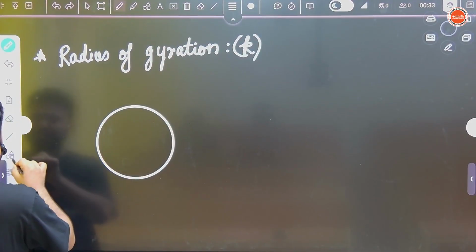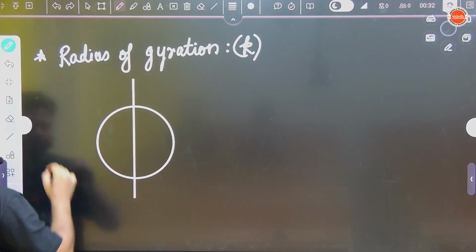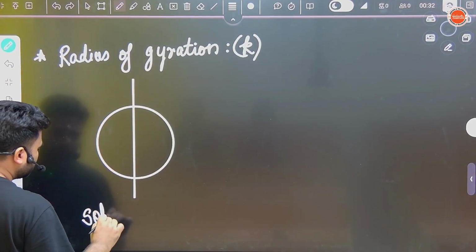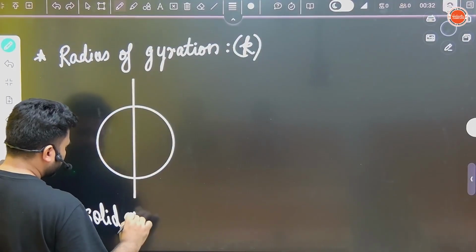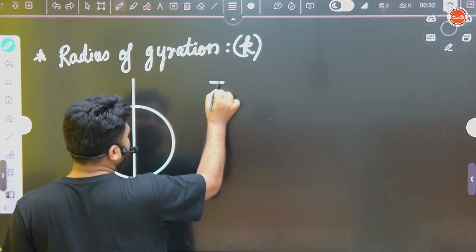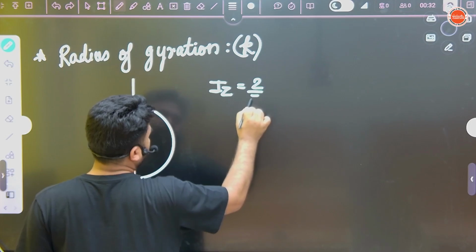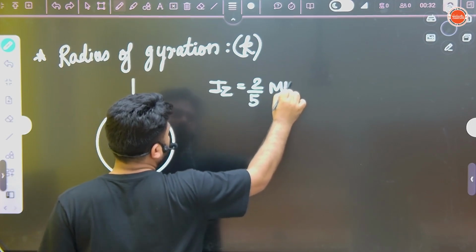If I ask what is the moment of inertia about this axis, this is a solid sphere. I made you write that the moment of inertia about this axis, suppose z axis, is how much? 2 by 5 mr square.